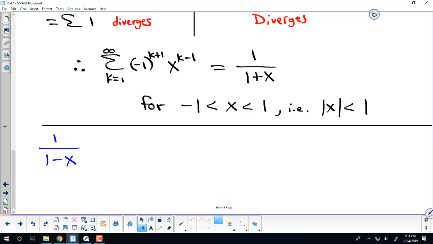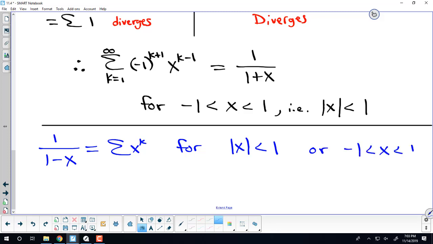So I think we should verify that with what we noticed earlier, that the geometric series converges for these values. And we simply said that this series 1 over 1 plus x is a composition of the geometric series.